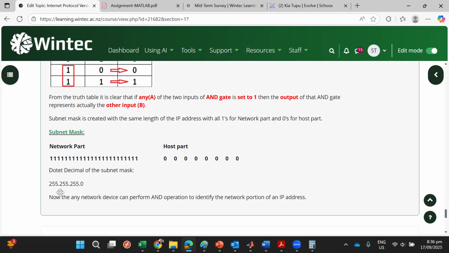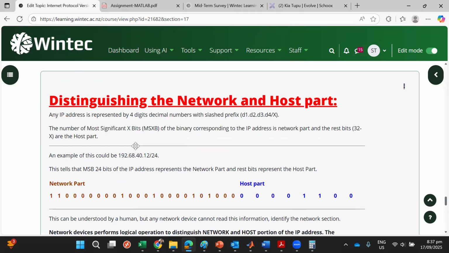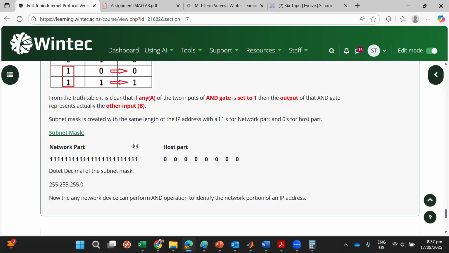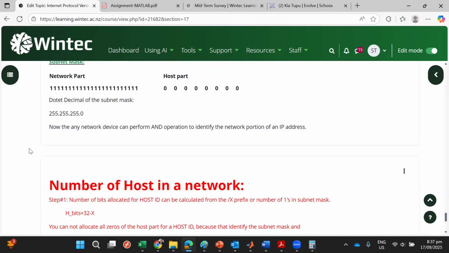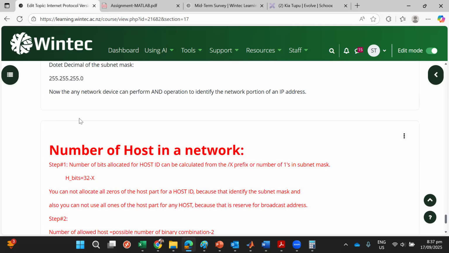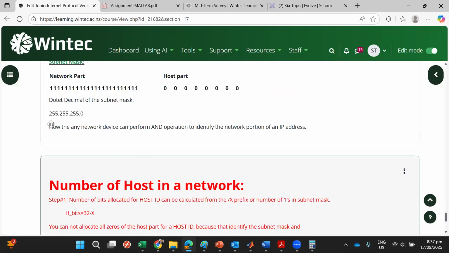This is another way of representing the network address, which tells us that all 24 most significant bits are used for the network, and the last 8 bits are for the host. Okay, I think that makes sense. If you have any questions, you can send an email or message so that we can discuss.